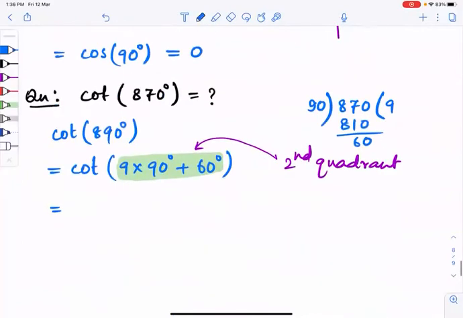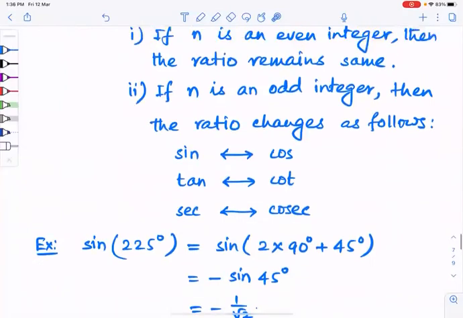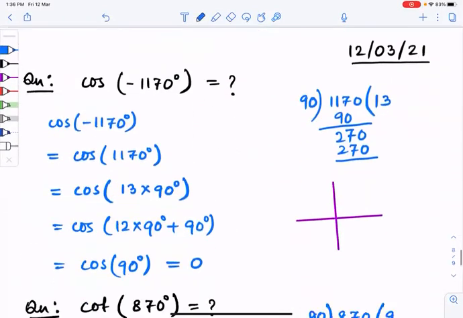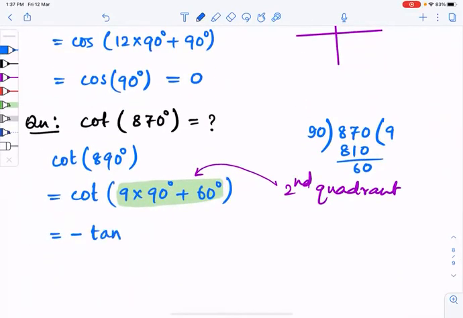So the minus sign will come. And since it is an odd number into 90, I told that if n is an odd integer, then tan and cot will interchange. So cot will become tan. Minus tan 60 degrees. That is minus root 3.